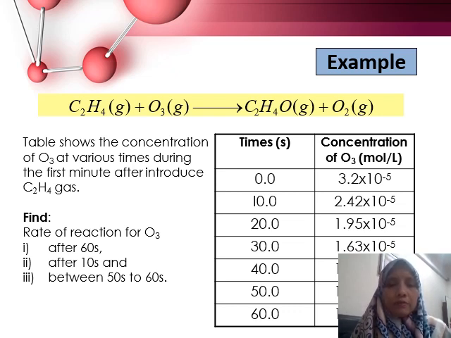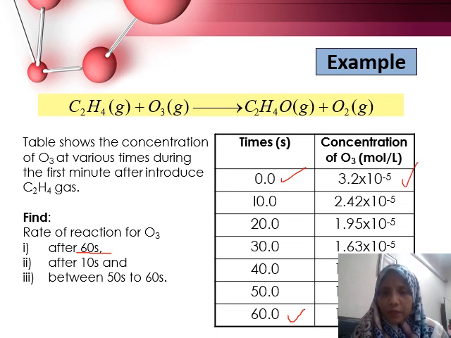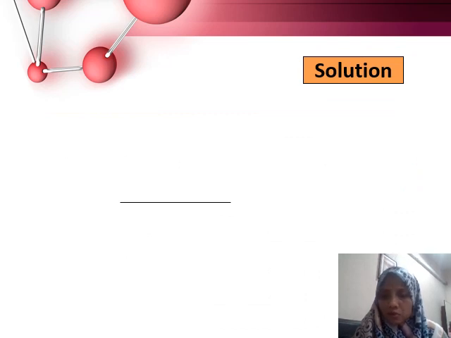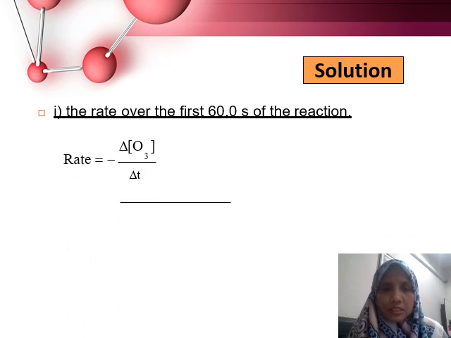Okay, look at number 1 first. After 60 seconds means that T initial is this one, T final will be 60 seconds, and your concentration will be this one compared with this one. Write the solution for this. First, number 1, the rate over the first 60 seconds of the reaction.